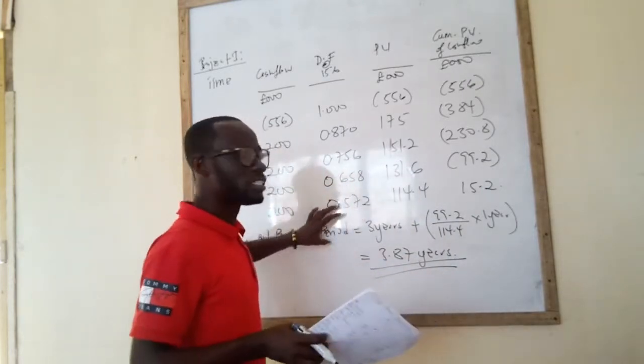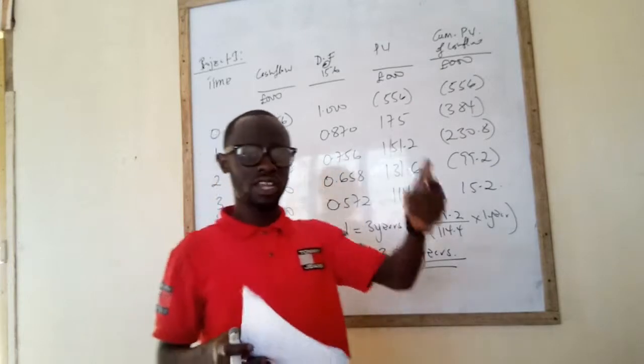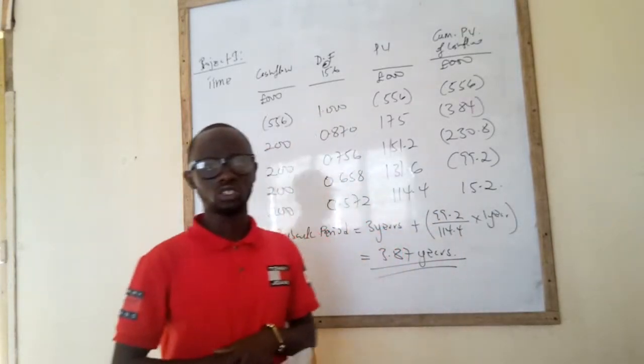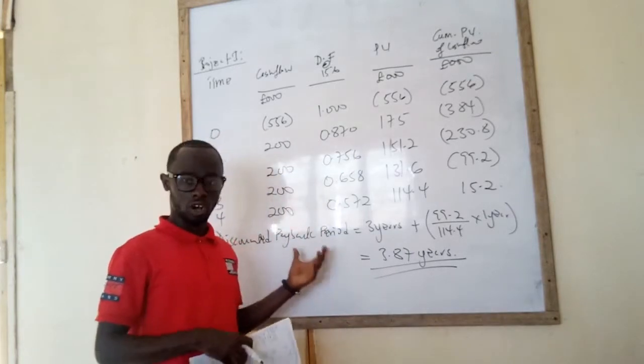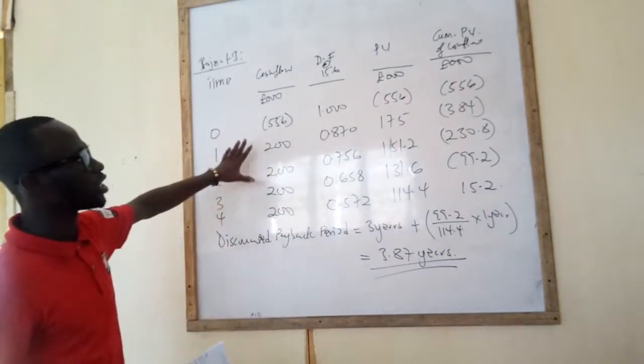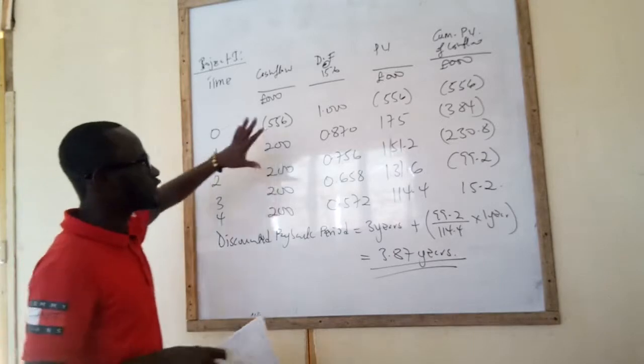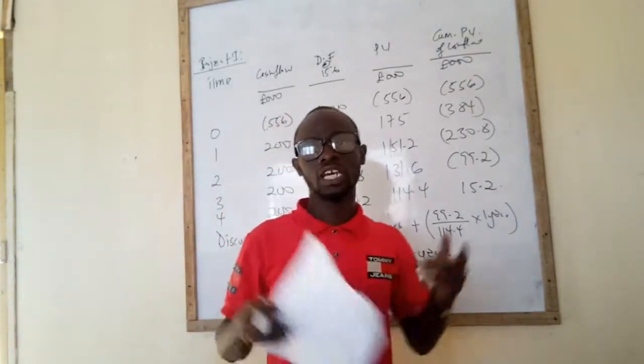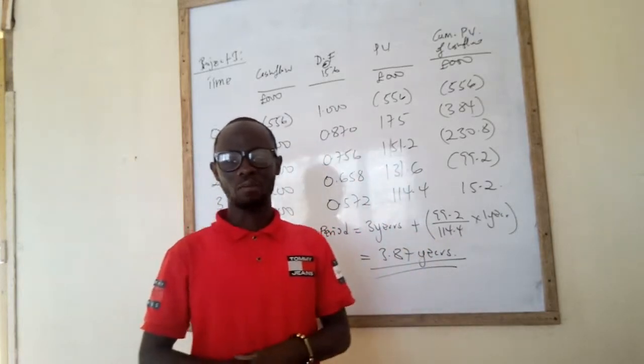So this method is more accurate than the traditional payback period because we are taking into consideration the time value of money. So in relation to project 1, taking into consideration the time value of money and calculating the discounted payback period, this is how we go about it.